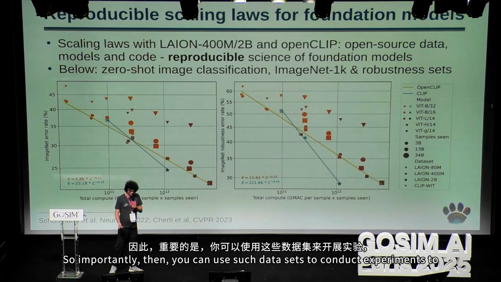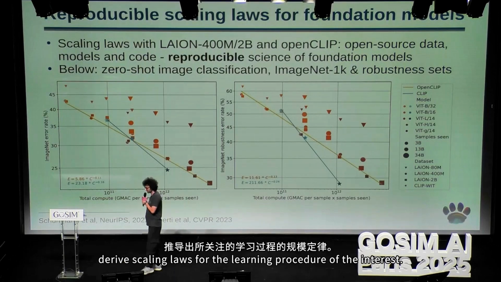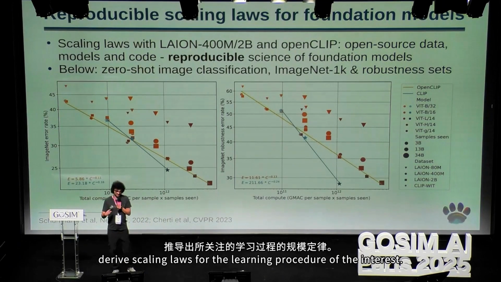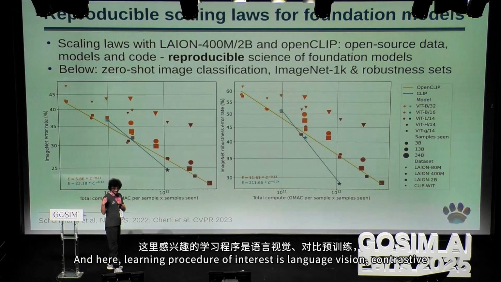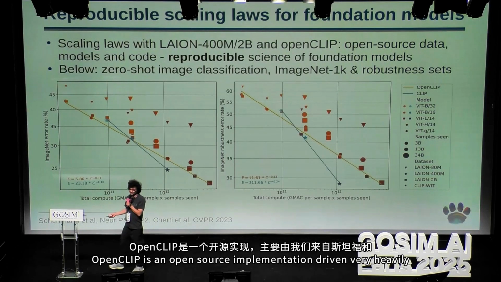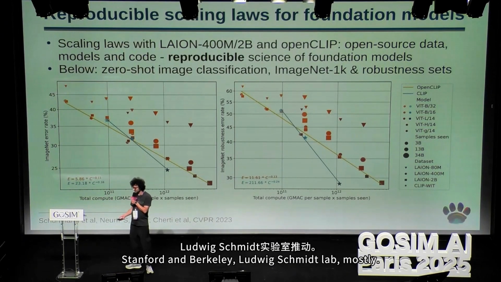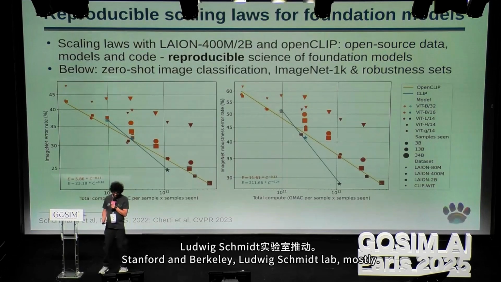So importantly, you can use such datasets to conduct experiments to derive scaling laws for the learning procedure of interest. And here, the learning procedure of interest is language vision contrastive pre-training, so CLIP models, with OpenCLIP as an open source implementation driven very heavily by our friends from Stanford and Berkeley, Ludwig Schmidt's lab mostly.